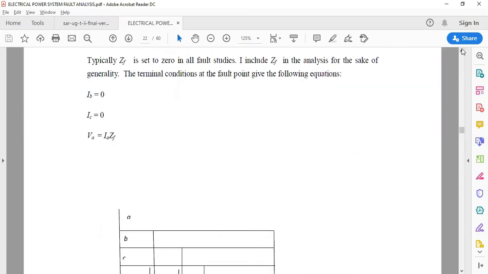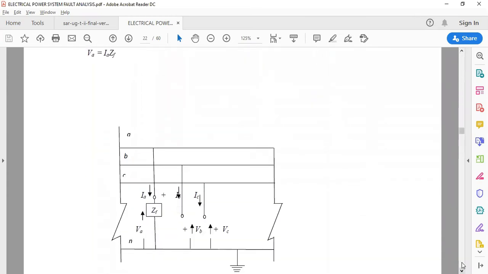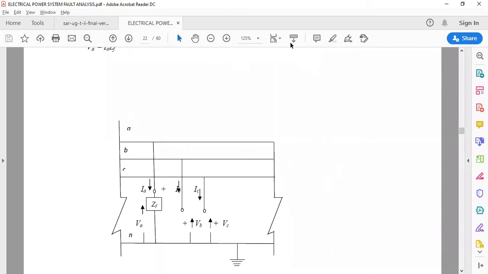Let us consider single line to ground fault. The fault is between phase A and the ground. Here we can see there is a connection of neutral, which is missing here.